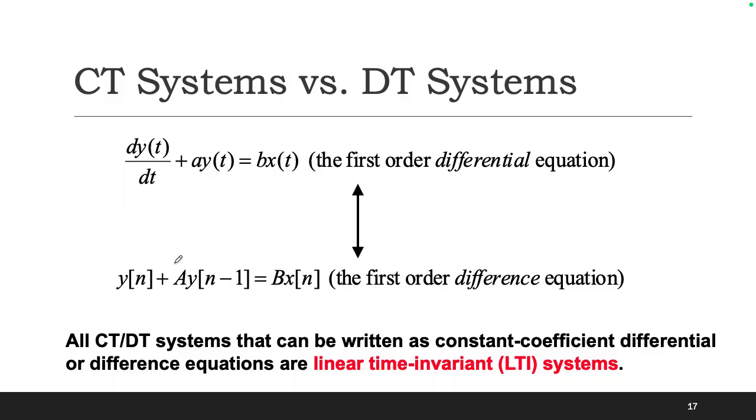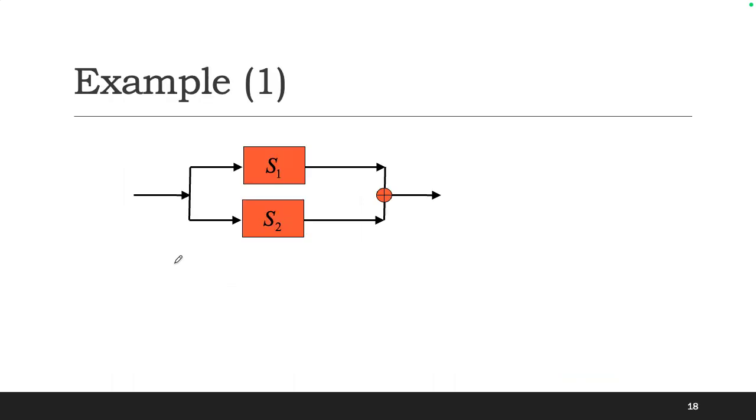Okay. Let's try to see an example. Here, there are two different systems, S1 and S2. For S1, we can write this equation. Here x1 is the input for system 1.